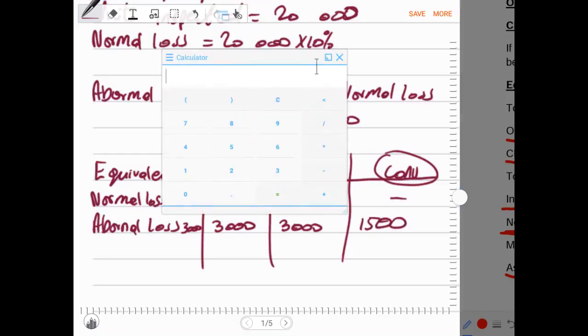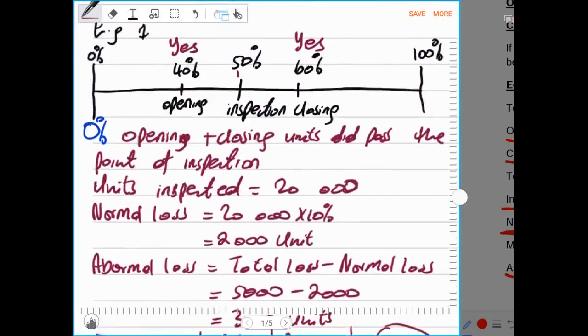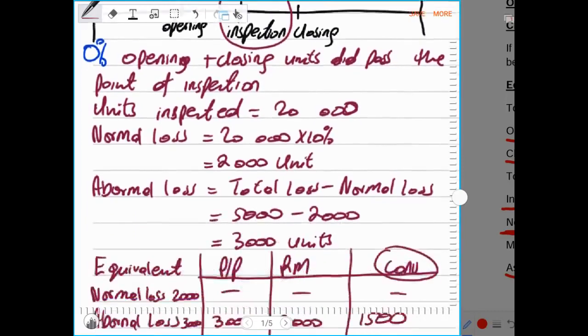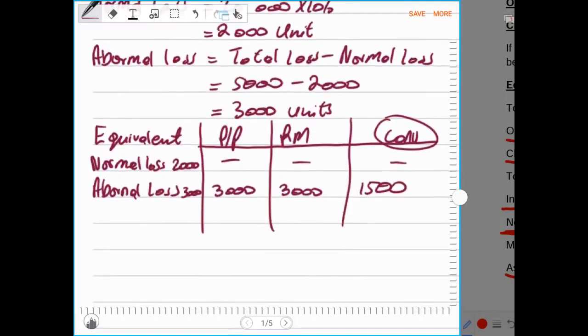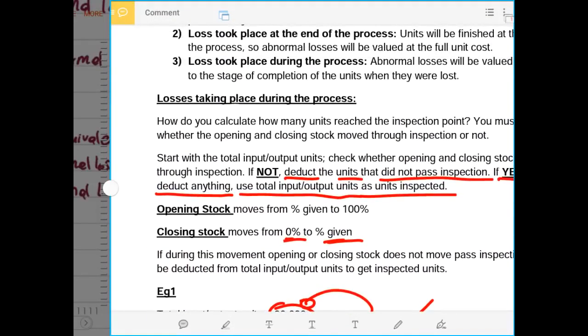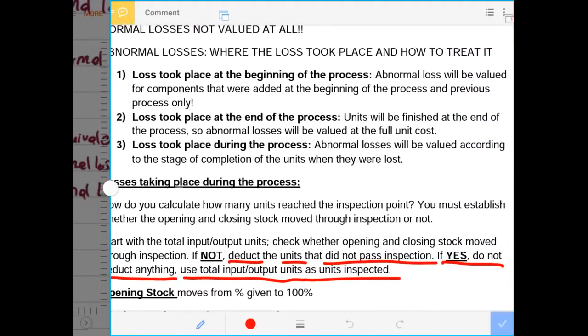The 50%, guys, is the point of inspection, because we know that our units are inspected when they are 50% complete. So when it comes to conversion cost, you always multiply by the percentage of the inspection point, that is, the percentage at which the units are inspected. That gives us the units to be allocated under conversion cost. Let me also show you that it says losses took place during the process.